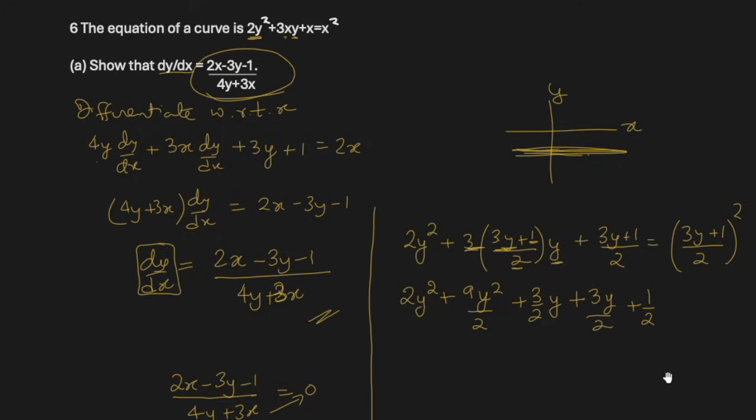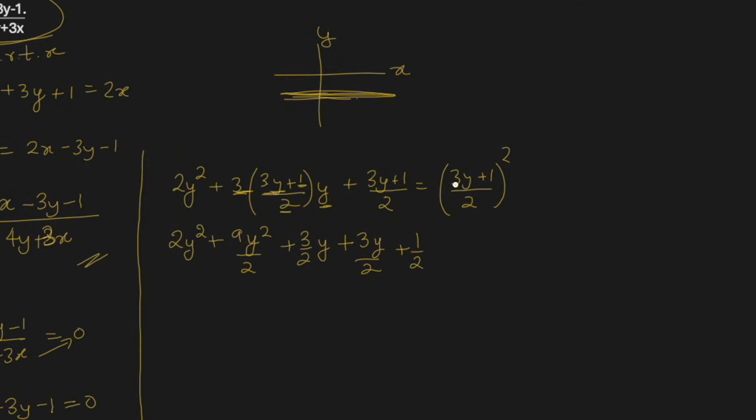And now I have to square this one, equal to 4, because 2 square will be 4, and I'll have to square this 9y square. I'm using this a plus b whole square, a square plus b square plus 2ab. This identity I'll use here. So a square I've done already, 9y square plus 1 plus 2 times 3, 6y.